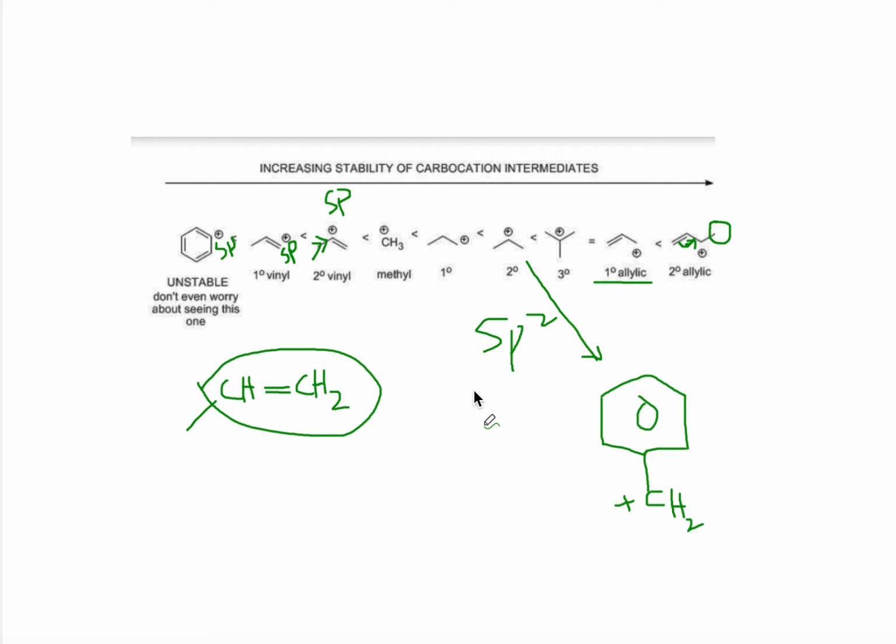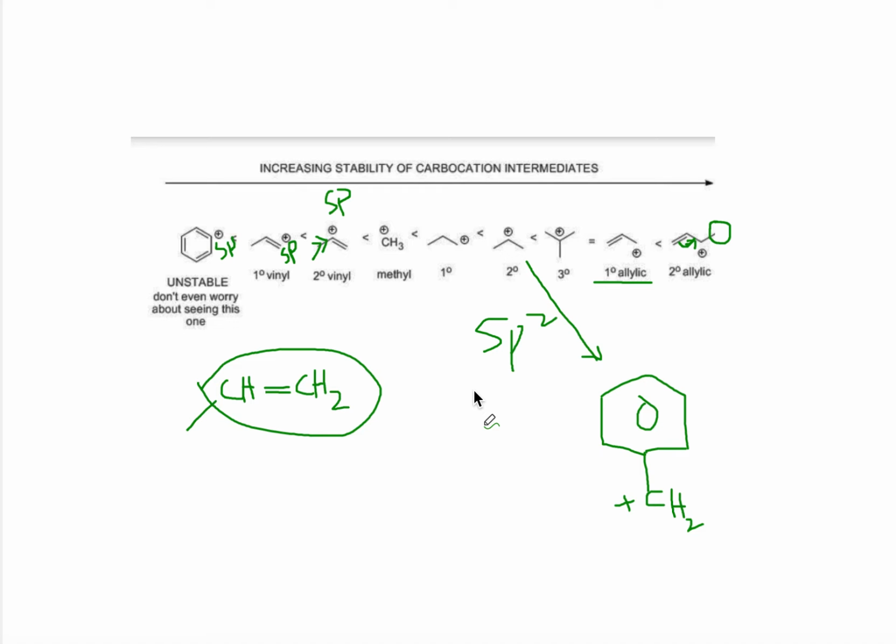So there are two factors so far. First factor, substitution. The more the substitution, the more the stability of the carbocation. Second is the pi electron in conjugation with the carbocation. The conjugated pi electrons stabilize the carbocation.